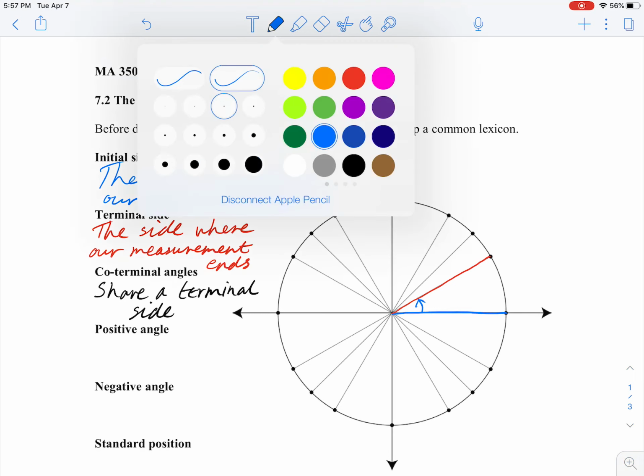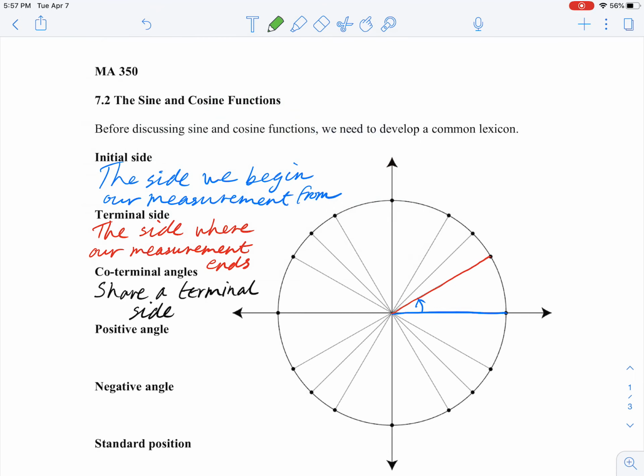And then a coterminal angle, for example, would be formed like that. Any two angles that share the same terminal side. Another coterminal angle would be found like that by wrapping back around again.